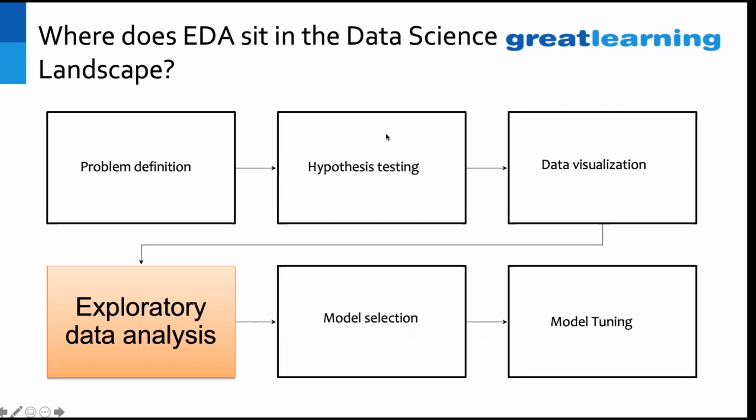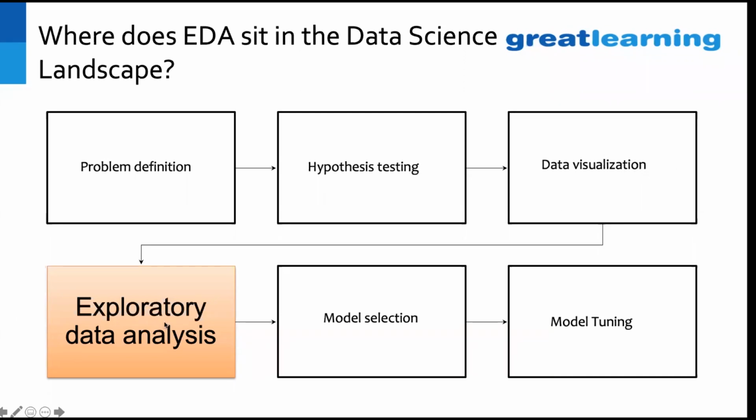Once you create your hypothesis, you start looking at your data, what my data is telling to solve my hypothesis, and then you come up with visualization here essentially to see what my data's distribution is, how it is looking, and what I can do on it. Then once you understand your data visually, you get into exploratory data analysis. So exploratory data analysis and visualization go hand in hand.